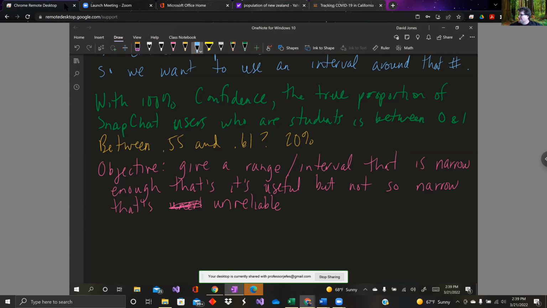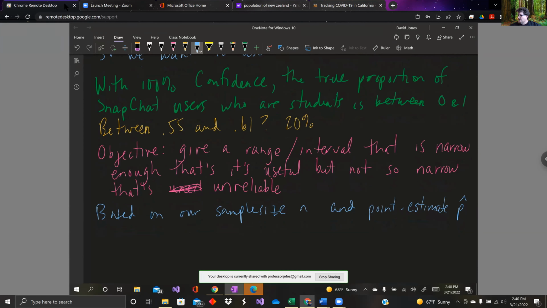I've been kind of throwing out numbers there, but based on our sample size n and proportion and our point estimate p hat, we can numerically come up with these values with a range that has high confidence.